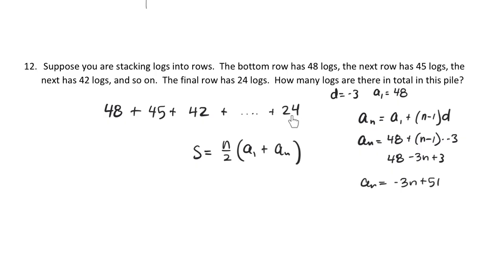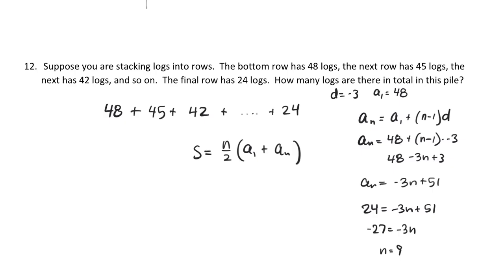Now, if I want to figure out what term this is, 24, then I can plug 24 in for a sub n and then solve for n. So I'm going to put 24 in there. If we subtract 51 on both sides, we're going to get negative 27 equals negative 3n. Divide by 3, we get n equals 9.